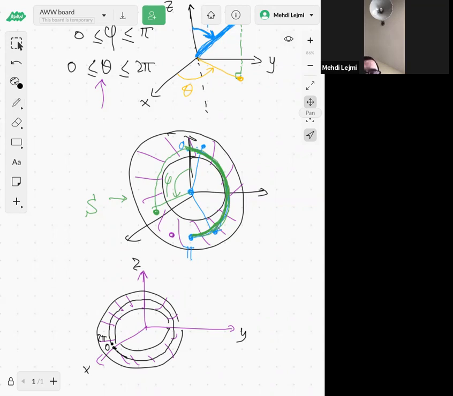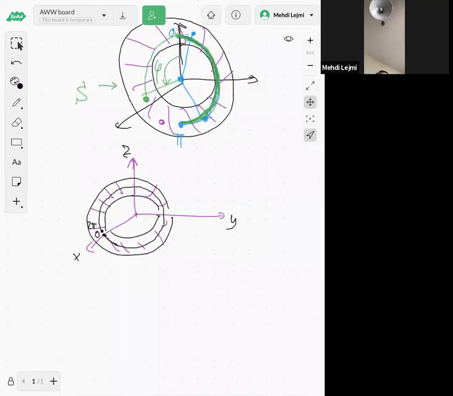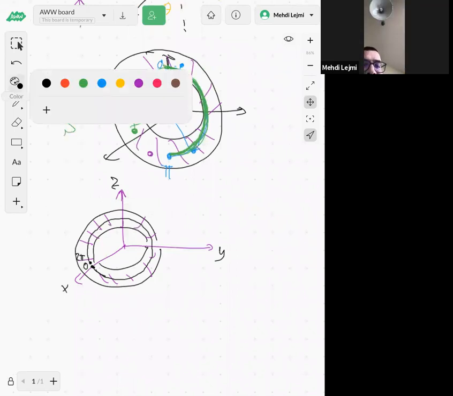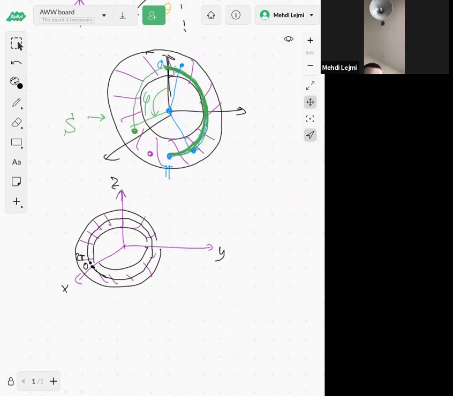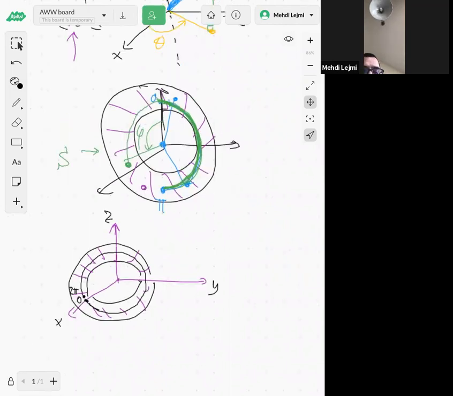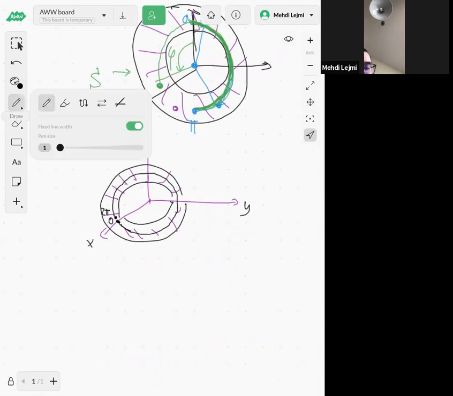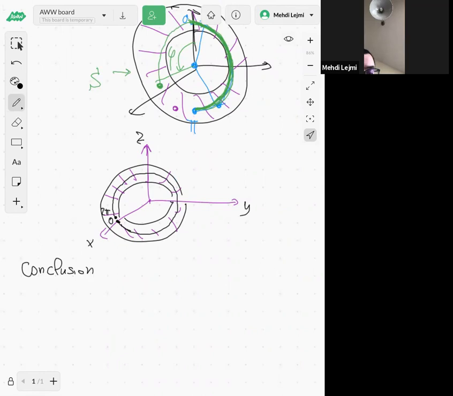I don't know if there's another example of spherical coordinates in the review sheet, but anyway, in this example, the conclusion is that r is between 1 and 2.